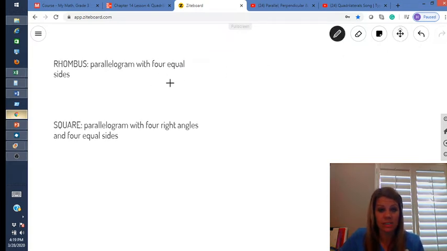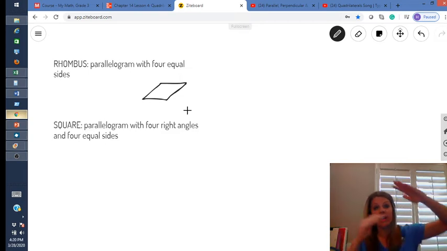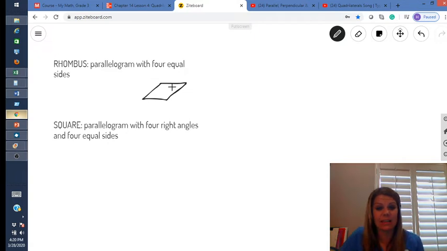So sometimes you'll see it look like this, and I'm going to try and draw these of equal length. It doesn't really look quite right. But all of these sides have to be the same length, and they have to be parallel. So these two sides have to be parallel, the top and the bottom have to be parallel, and all of those sides are the same length. So if I went like this, boom, boom, boom, boom, and I draw one little line in there, that means that they're all the same length.